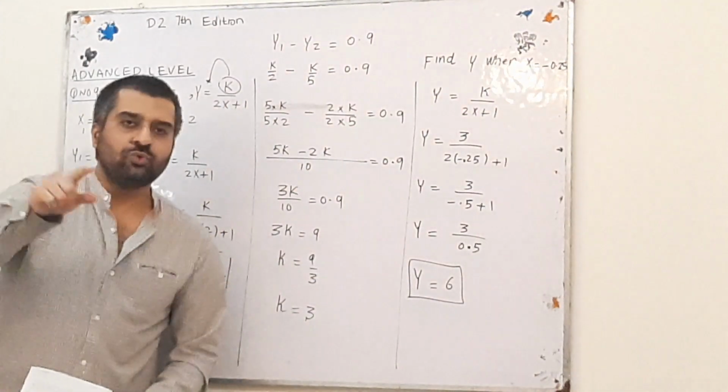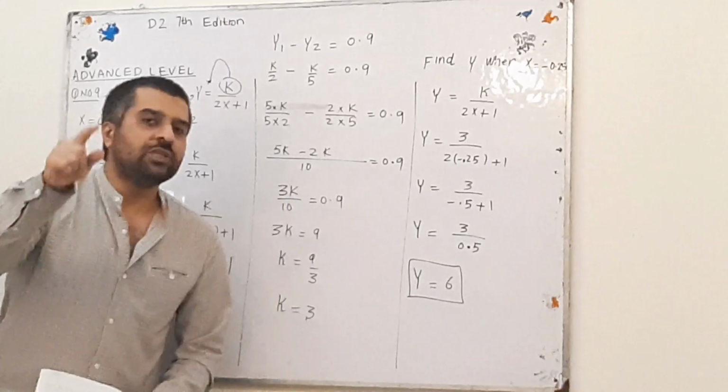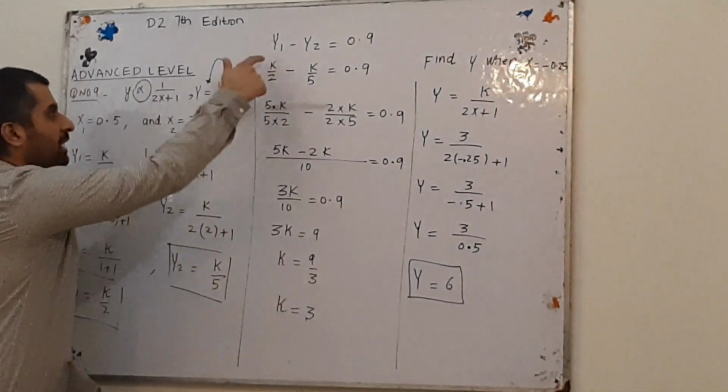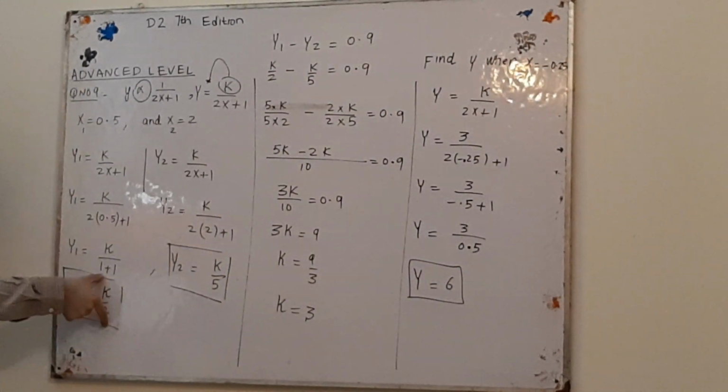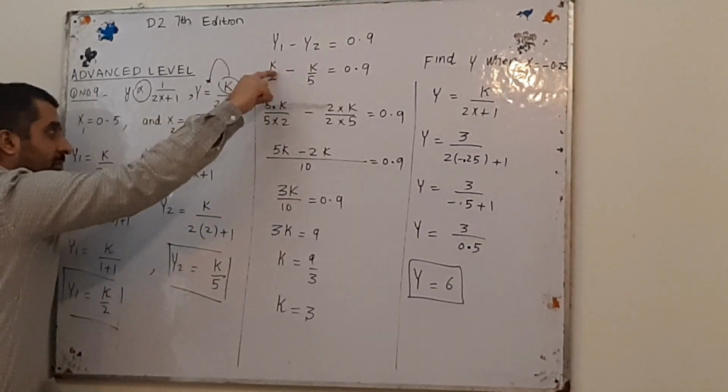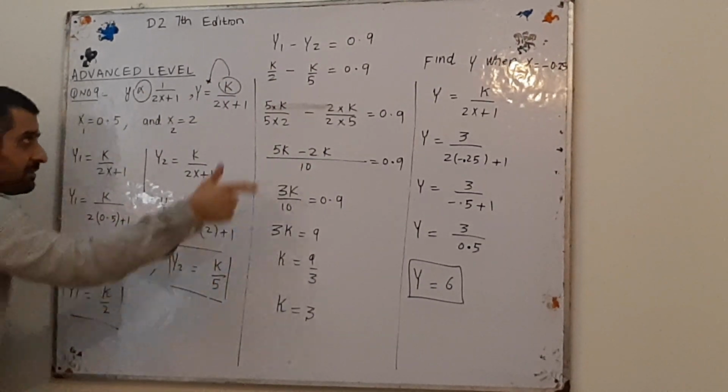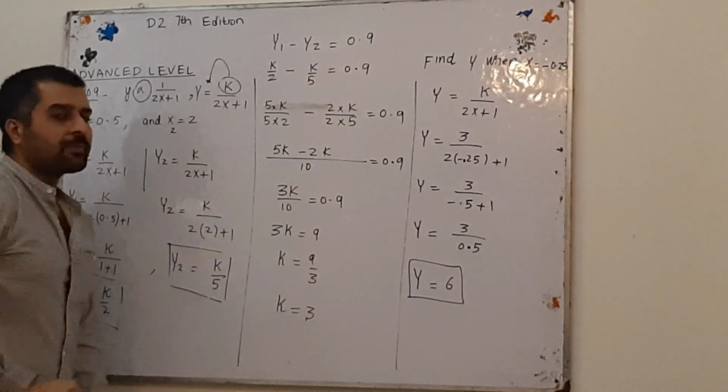That means y1 minus y2 is 0.9. So y1 is k by 2 and y2 is k by 5.